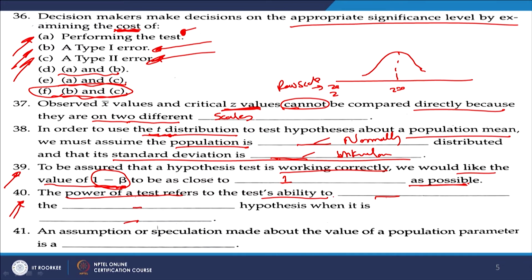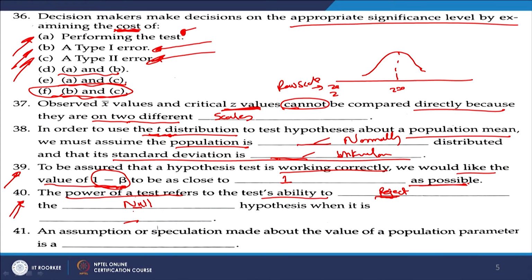It refers to the ability to reject the null hypothesis when it is true or false. The power of test refers to the test's ability to reject the null hypothesis when it is false. This is how you should fill up the blanks.